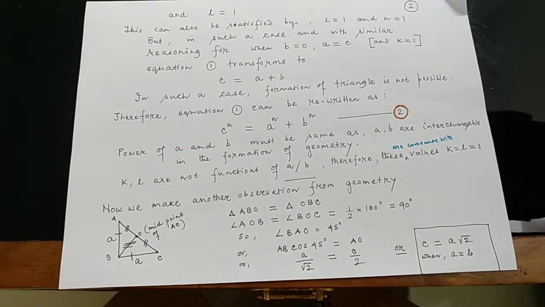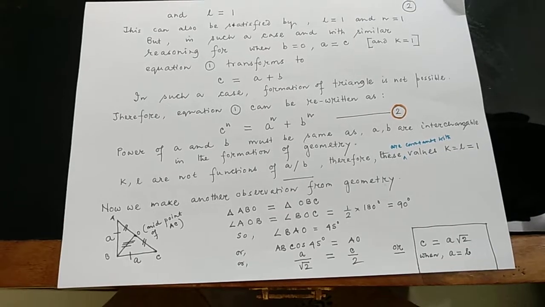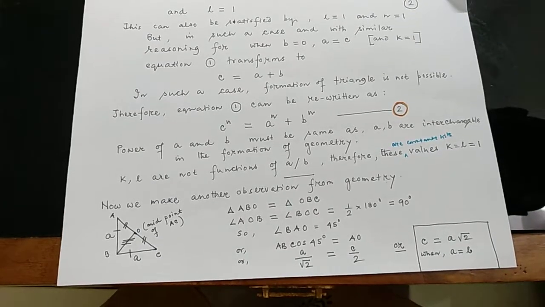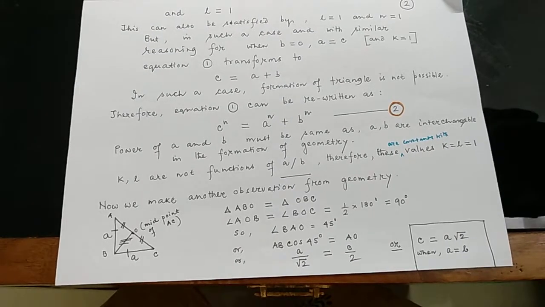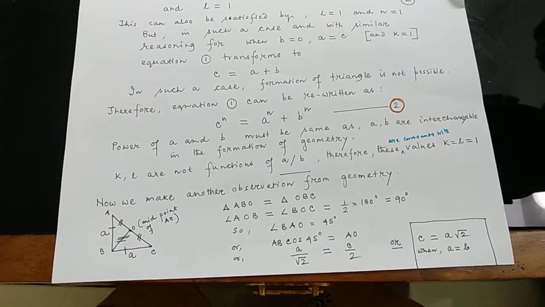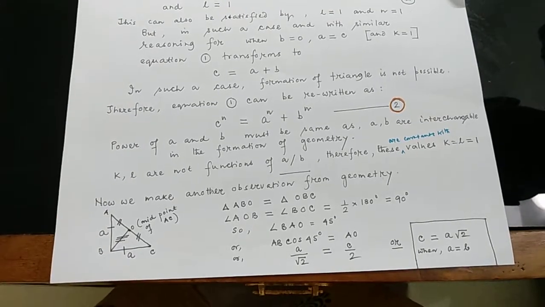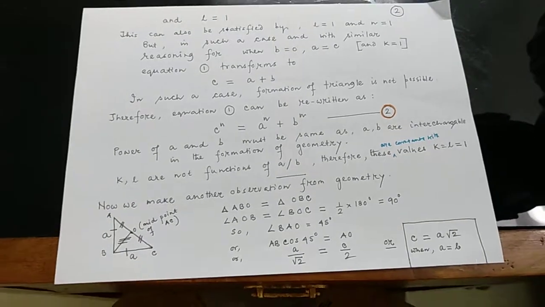This is a typical example for a right angle triangle when sides are equal and of the length a. So when you talk about Pythagoras theorem, it must be a general theorem for any length of the side.